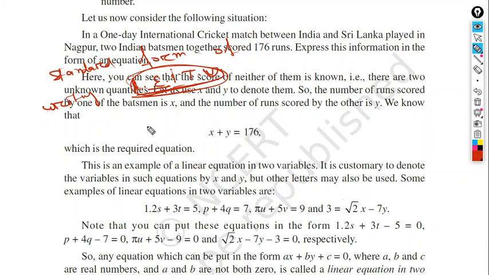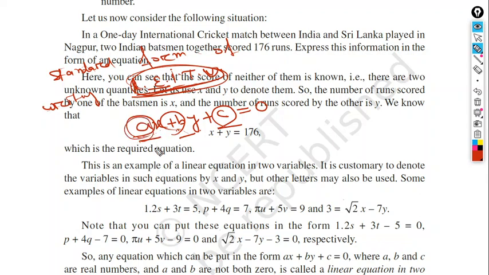The standard form is ax + by + c = 0, where x and y are the variables, and a, b, c are real numbers, and a and b are both non-zero. Okay, why are a and b non-zero?